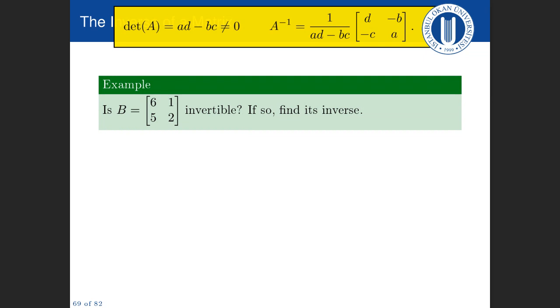First, we're going to calculate the determinant, and that will tell us if it's invertible or singular. If the determinant is not 0, then the matrix is invertible. If the determinant is equal to 0, then the matrix is singular. If the matrix is invertible, then we have our formula for the inverse of A.